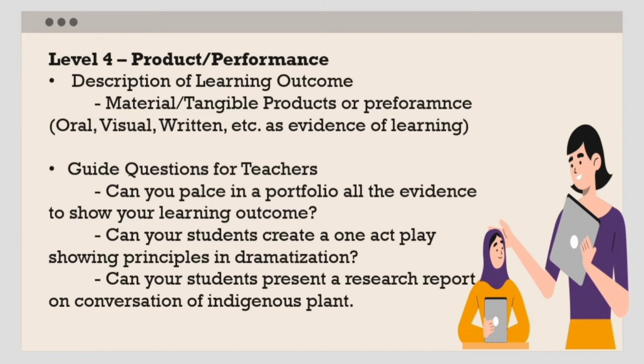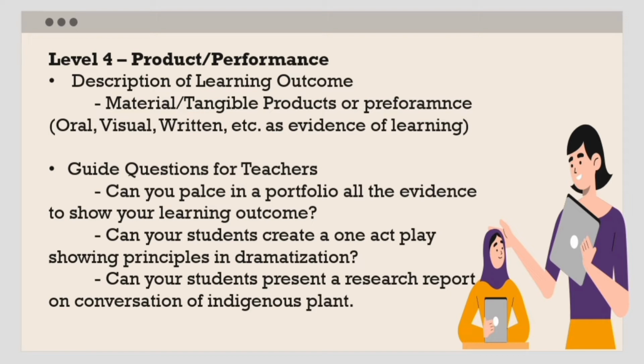So some examples of product and performance are dramatization, research projects, and paintings. So a portfolio can also do if it is asked from the learners to serve as an evidence of accomplishment of learning outcomes.